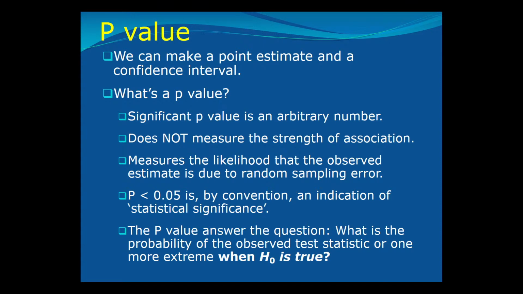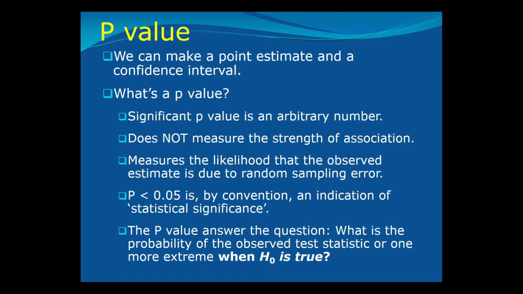Let's talk about the p-value. We can make a point estimate and a confidence interval estimate. What is a p-value? P-value is a significance value, and we use it as an arbitrary number. P-value does not measure the strength of association.